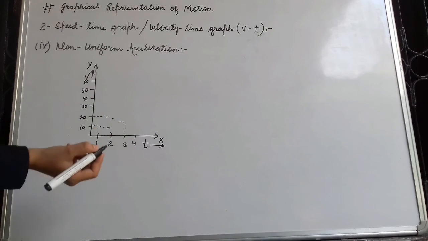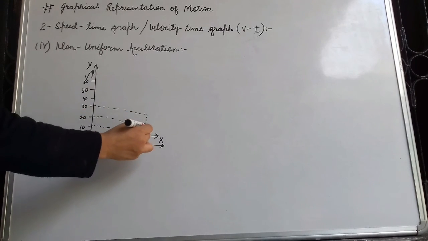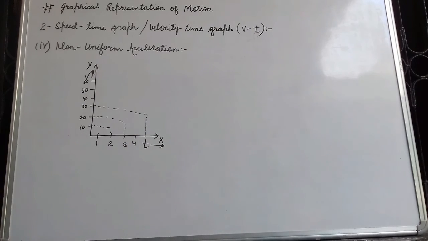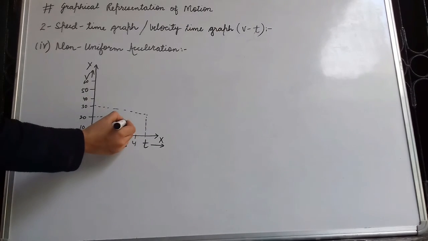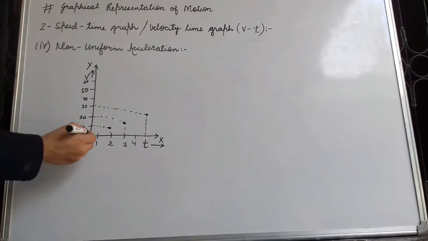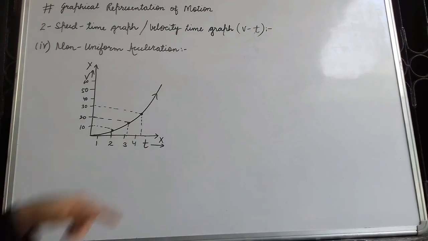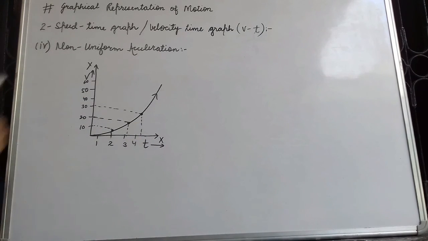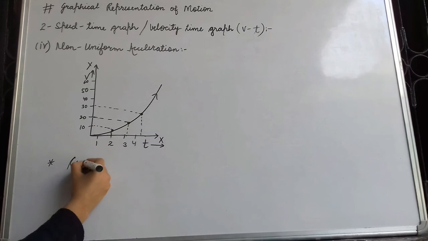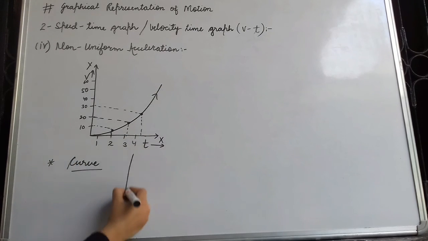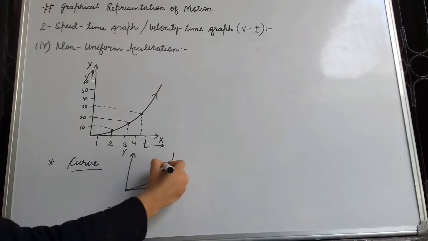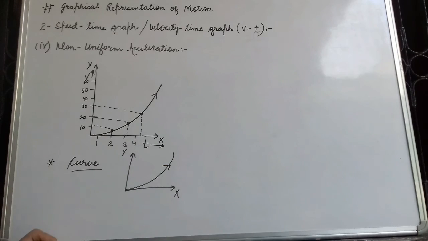Sometimes the speed will increase with respect to time, and sometimes it will not increase with respect to time. For example, in the first second it's increasing 10 meters per second. Then in the next it's also increasing 10 meters. But in the next 1.5 seconds it's increasing only 10 meters per second, which can also be represented like this curve.